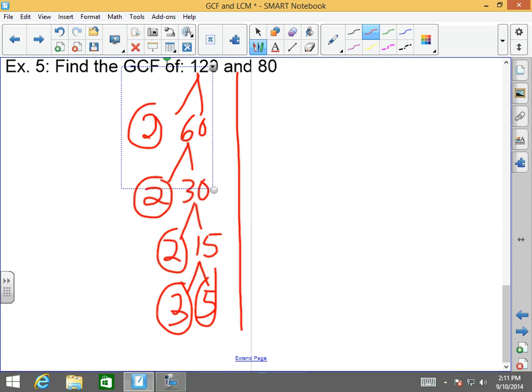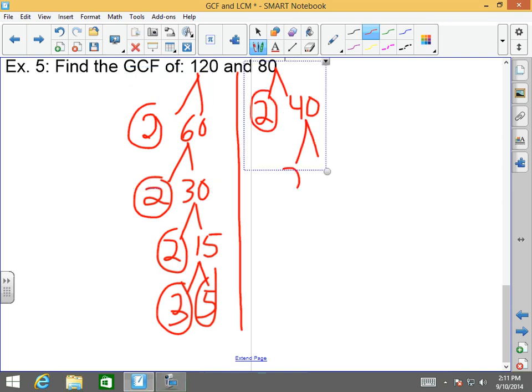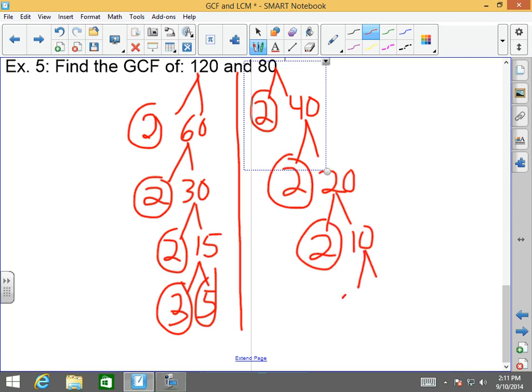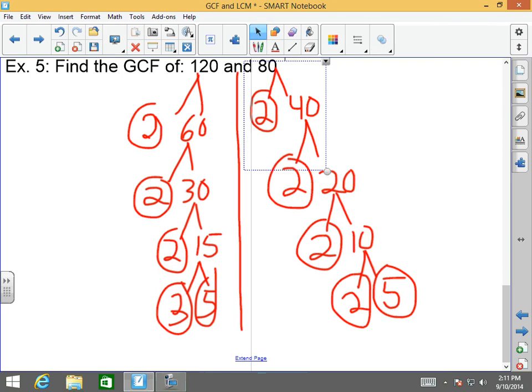There's nothing left to break up. 80. 80 can break down into 2 times 40. 40 can break down into 2 times 20. 20 can break down into 2 times 10. And 10 can break down into 2 times 5. Go ahead, please, and write those down, and then we'll figure out the GCF together. But I want to make sure you got this all down.